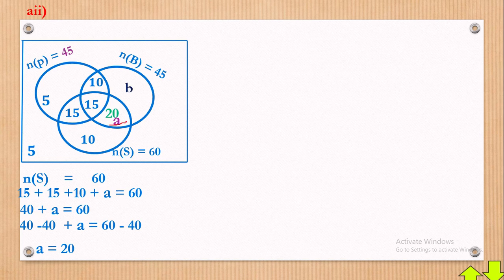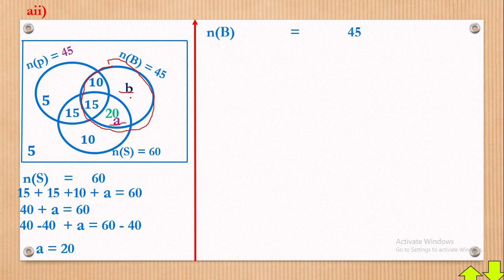Let's now continue. So now we also need the value of B, but the value of B will be got from the number in this circle, which is 45. A sum gives us that value of B. Alright, good. So number in B will give us 45. Then we have the sum, just like we did in the first day. But when getting the value of A, we shall have that.